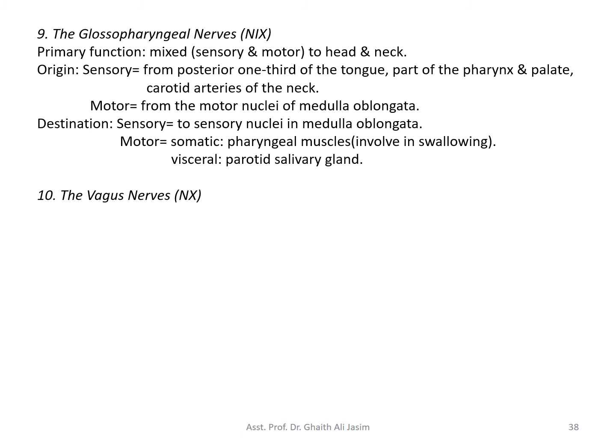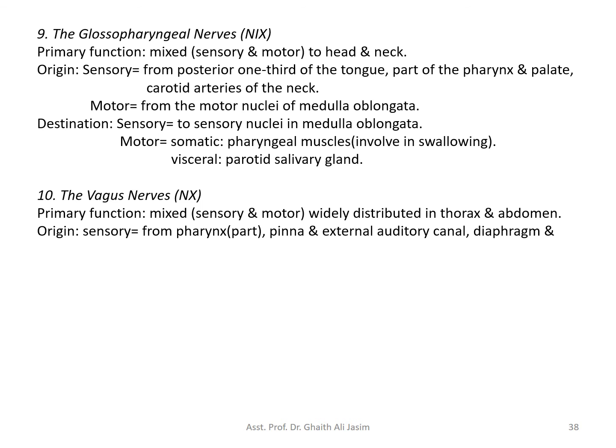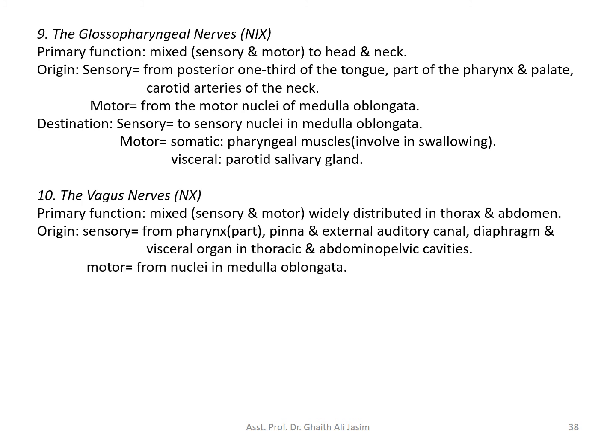Nerve number 10, the vagus nerve. Primary function, mixed, motor and sensory, widely distributed in the thorax and abdomen. Origin, sensory, from part of the pharynx, pinna, external auditory canal, diaphragm, and visceral organs in the thoracic and abdominopelvic cavities.